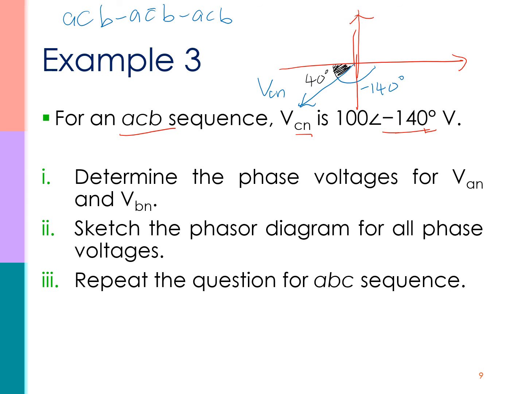We start from this VCN line. The difference between VCN and VBN is 120 degree. 120 minus 40 is 80 degree. So 80 degree is somewhere here.